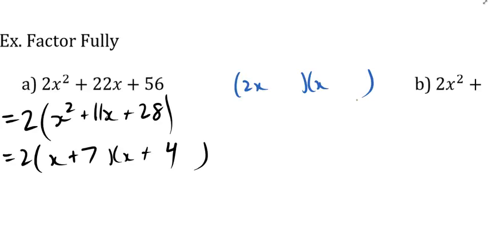What multiplies to 56? 2 and 28, that's not going to work. 4 and something. It's going to be tricky, right? It works out to 4 here and 14 here.